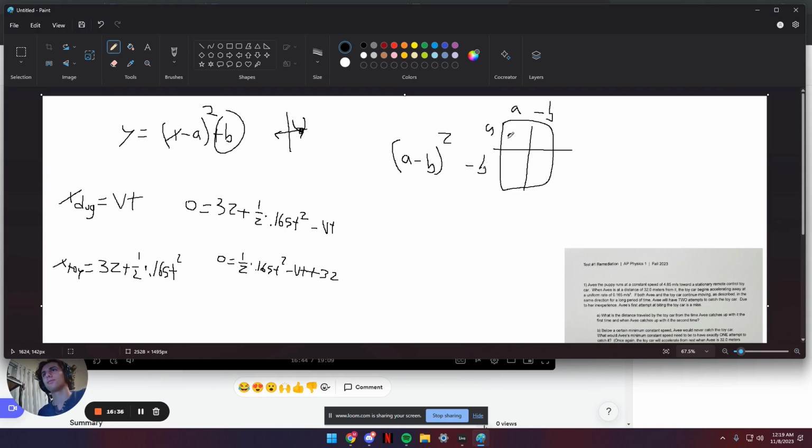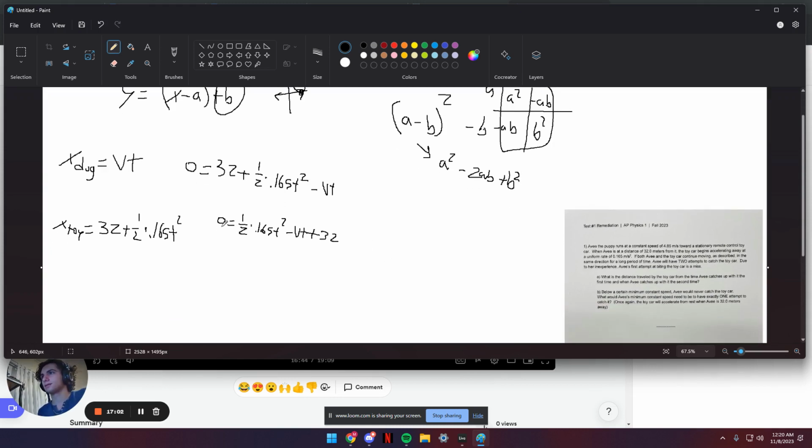The a term would be squared, a times a, then a times negative b, so negative ab, and then again a times negative b, so negative ab, and then negative b times negative b is positive b squared. So this expanded would be a squared minus 2ab plus b squared, and that's what we have this form in right now.